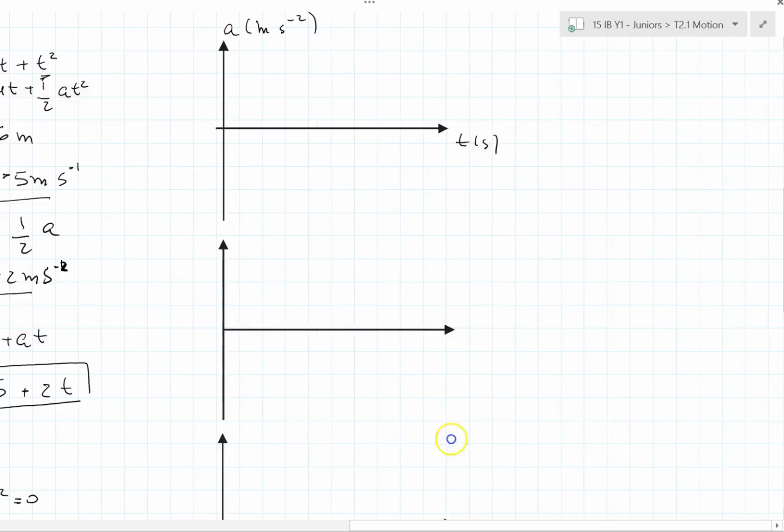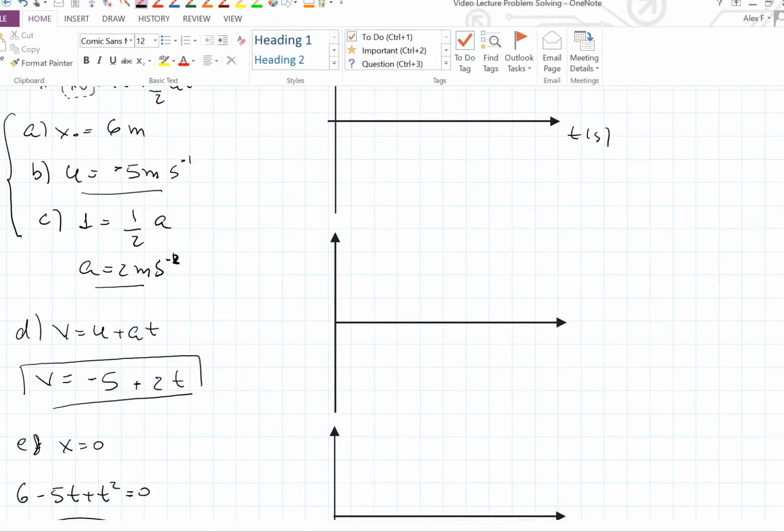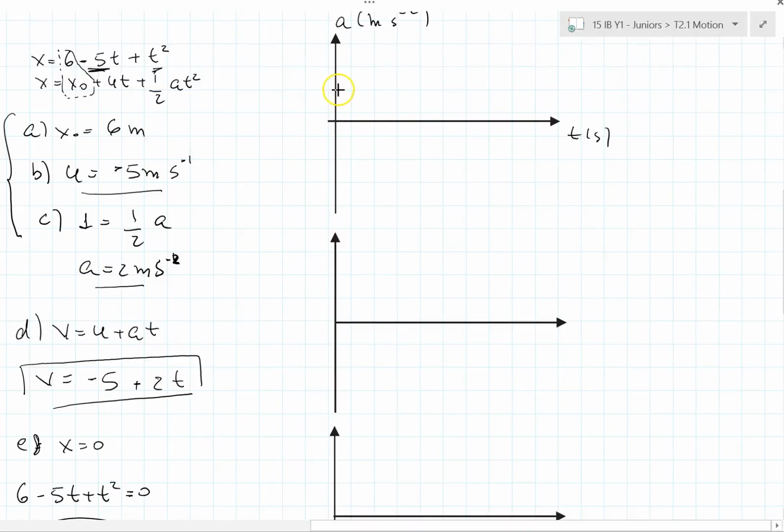And my acceleration, we checked before, is 2 meters per second squared. So I'm basically going to have this here, okay? A horizontal line in 2 meters per second squared.